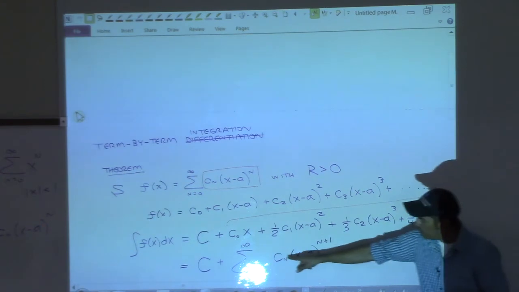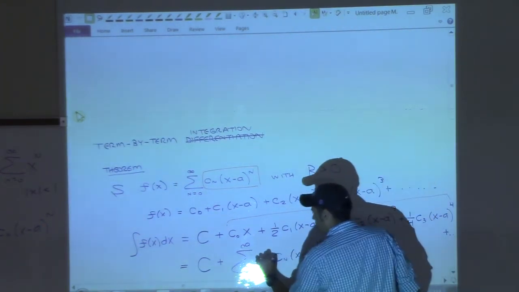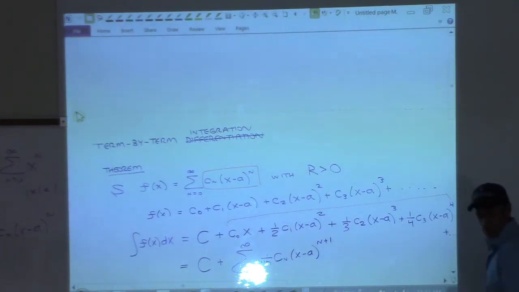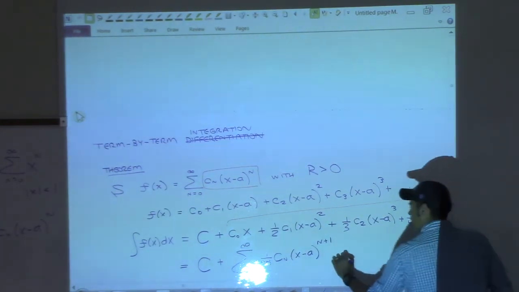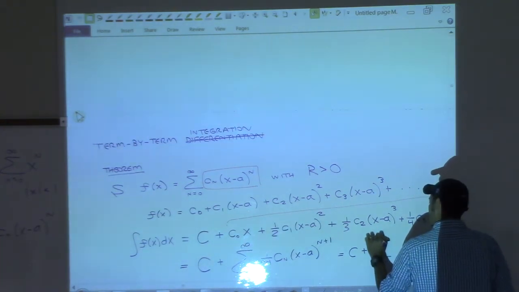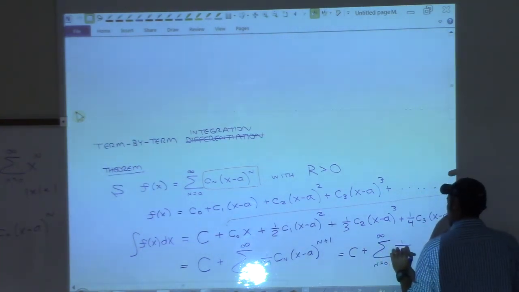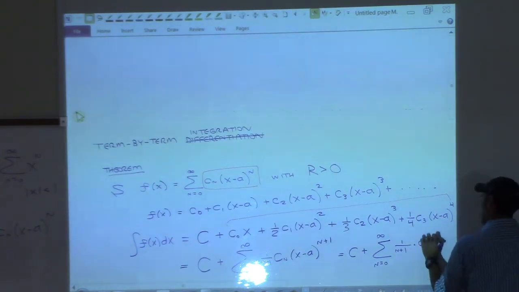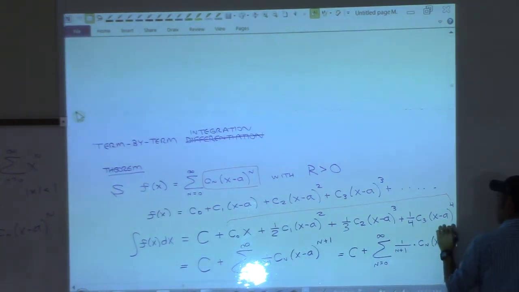So what should I put out front here? 1 over n plus 1. Kind of cram that in there, but c plus sum n equals 0 to infinity, 1 over n plus 1 times c sub n times x minus a to the n plus 1.